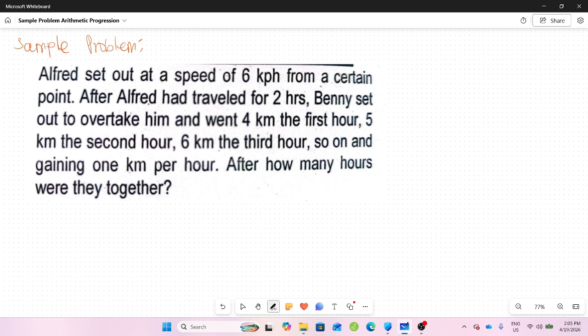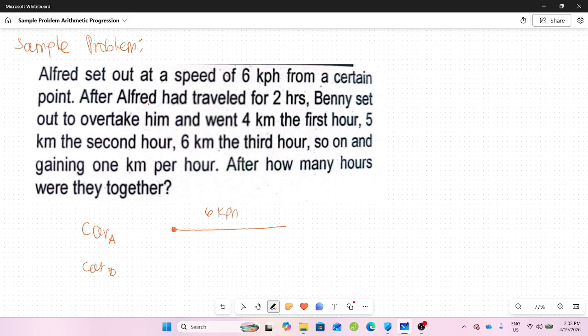Let's just imagine that we have two cars. We have car A, which is for Alfred, and car B, which is for Benny. At the starting point, Alfred set out and moved with a constant rate of 6 kilometers per hour.